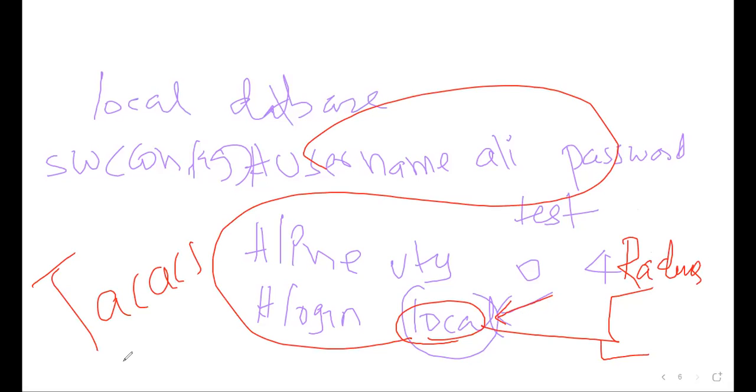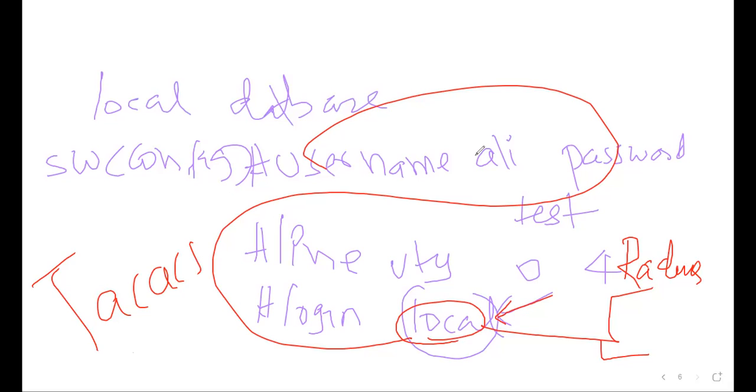This process is called authentication. Authentication is nothing but verifying the username and password. For the external authentication server, you might have heard about ClearPass from Aruba, which is one of the famous authentication servers. We're going to talk about it later, inshallah.